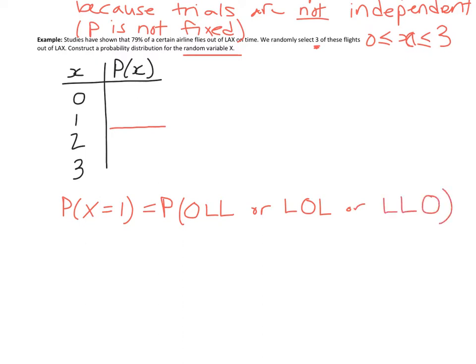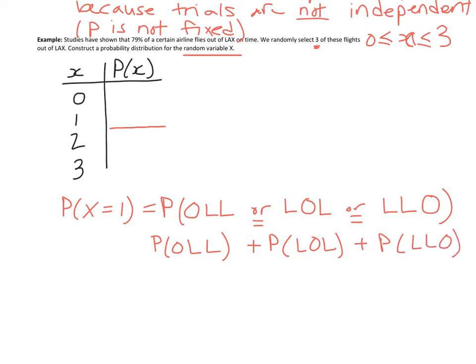So we have 3 opportunities. What do we do with that "or"? We just learned about that in chapter 5. That is plus.